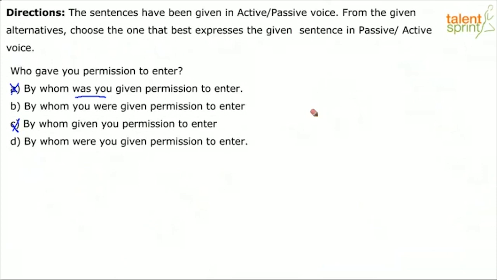So when you say by whom, just make sure that "you" gets inverted and it doesn't stay as a statement saying you were given permission to enter. This is the form: by whom were you, maintaining the same question format. Option D and not B.